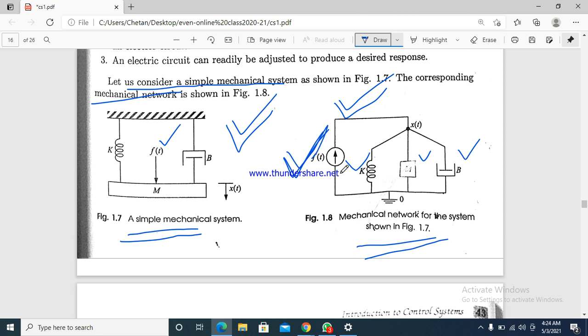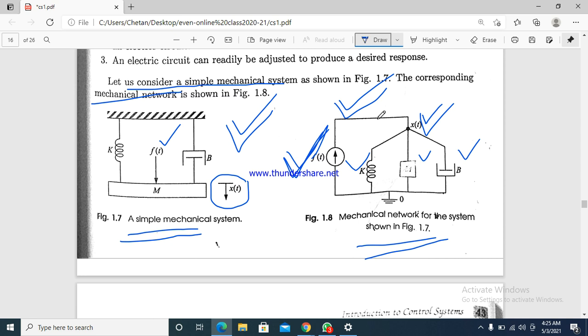Mass M is also drawn, K is written, dash pot B is written, and here displacement x of T is represented by the node x of T. This is the mechanical network. For this mechanical network, I will write down the electrical network. I will write down the analogous network for this mechanical network.